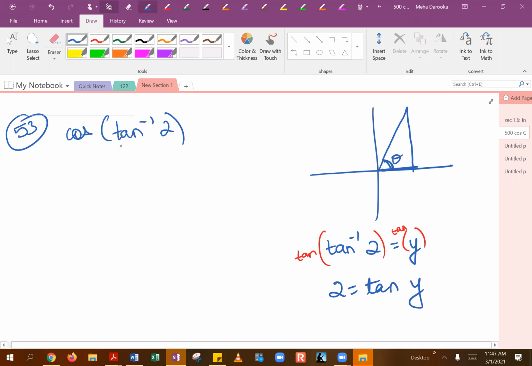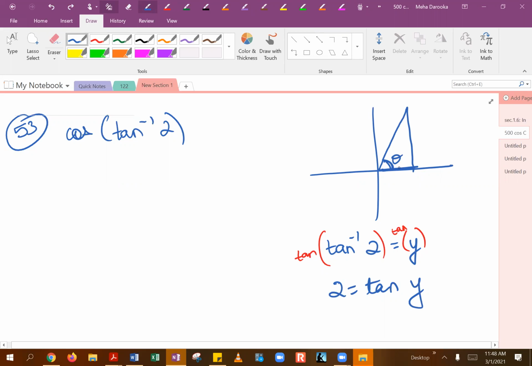So we're taking this expression of tangent inverse of 2, setting it equal to whatever variable you want. We're just going with, since 2 is the x value, we're calling this equal to y. And then when you take a tangent on both sides, essentially on the left-hand side, you can think of the tangent and tangent inverse as canceling each other out. So you're left with 2 on the left-hand side and then just tangent of y on the right-hand side.